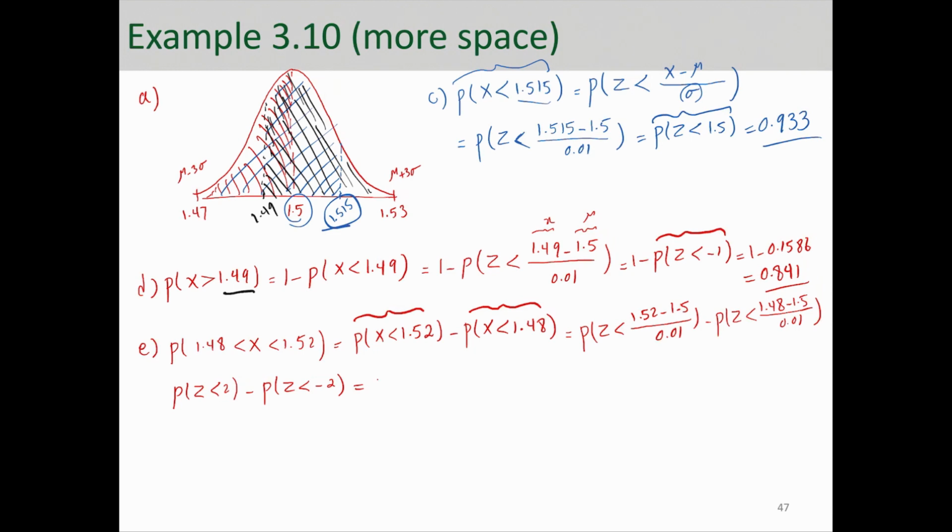So this is equal to 0.977 minus 0.022, or 23 if you round it. So approximately we're looking at 0.954. About a 95% chance that the voltage is between 1.52 and 1.48.